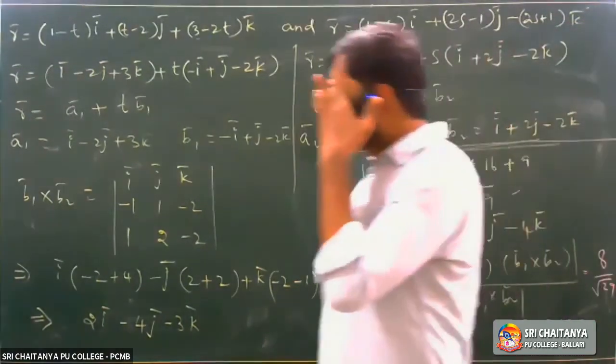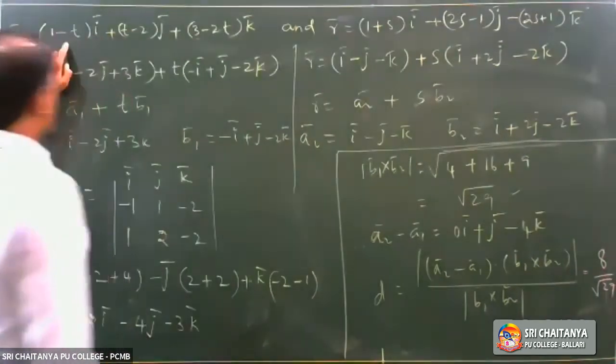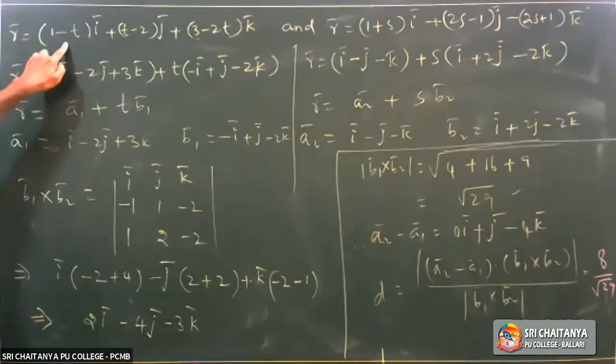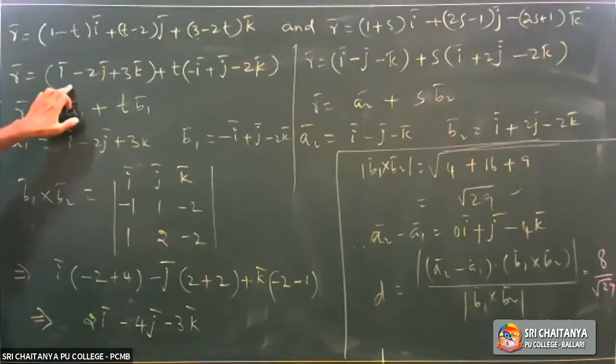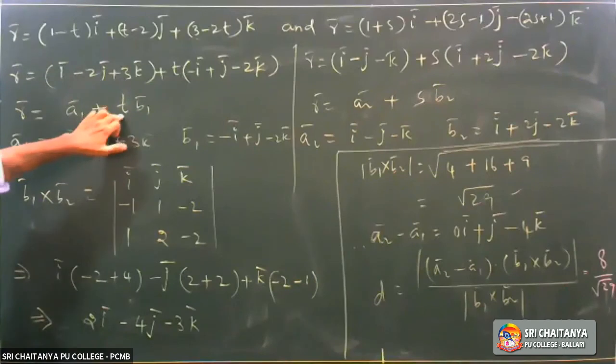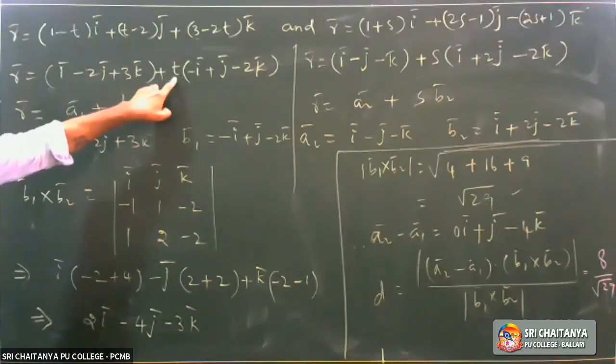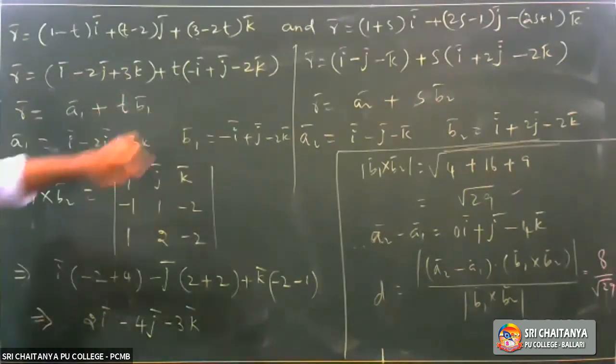But here he has not given it in the standard form. So I am going to convert this and compare it with A1 bar plus t into B1 bar, because t is a scalar variable.